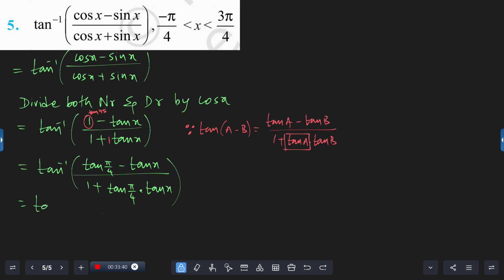Outside we have a tan inverse, inside we have tan of A value pi by 4 minus B value x. Now tan inverse of tan cancels, and what remains is pi by 4 minus x, my required answer.